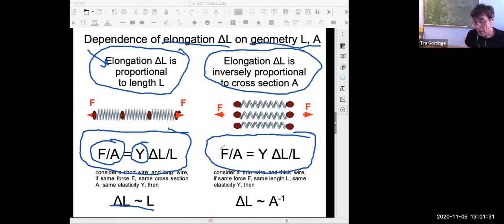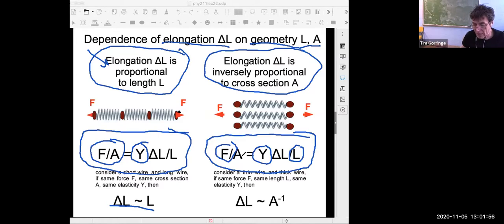These wires are going to have the same length, and they're going to be made of the same material. So all those things the same. The force, the length is the same, and the elasticity, Young's modulus, is the same. Well, what does that mean for the elongation?